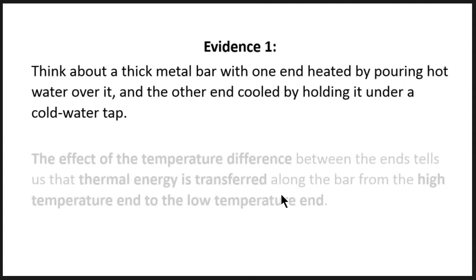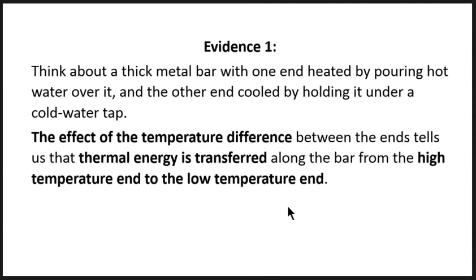And actually the difference between the ends tells us that thermal energy is transferred along the bar from the high temperature end to the low temperature end. Okay, that is just the justification that gives you that kind of sensation.